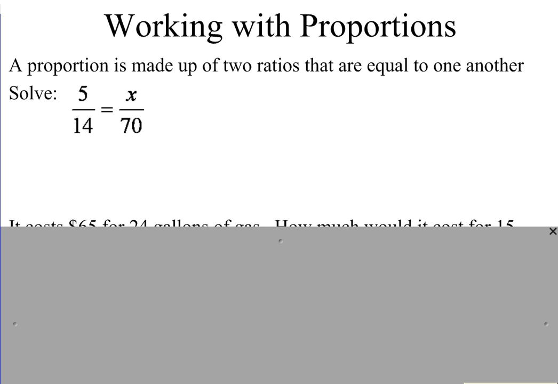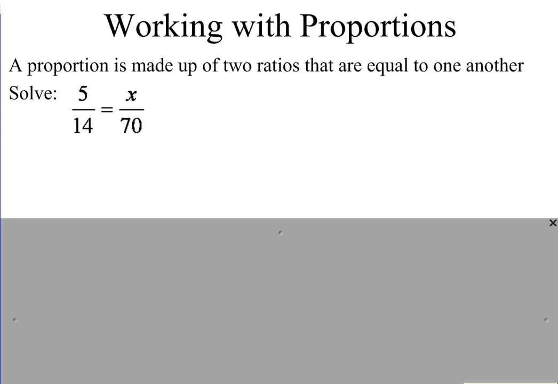Okay, proportions. Simple proportion here. A proportion is made up of 2 ratios that are equal to one another. So proportions and ratios obviously are very much related. When you have 2 ratios that are set equal to each other, that's when we have a proportion like we have here. You've been taught to cross multiply and divide. You really don't necessarily need to do that. You're adding in a step when you do that, especially if what you're solving for is up here in the top like it is here.